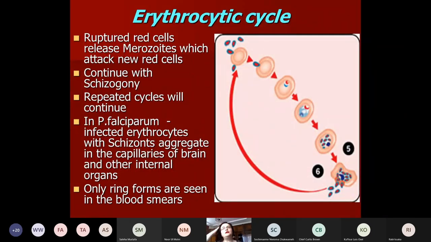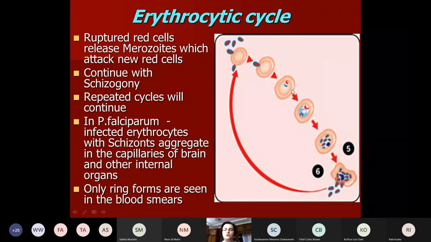As a rule, the manifestation of malaria is malarial attacks with increasing temperature and so on, exactly with this releasing of merozoites and invading new red blood cells, at exactly this beginning of the new attack.